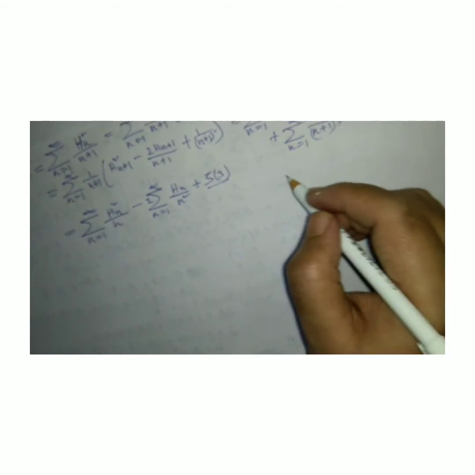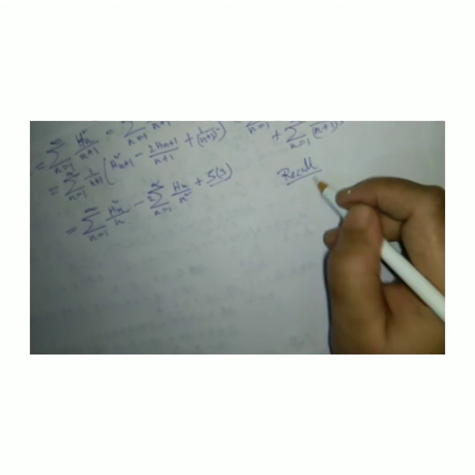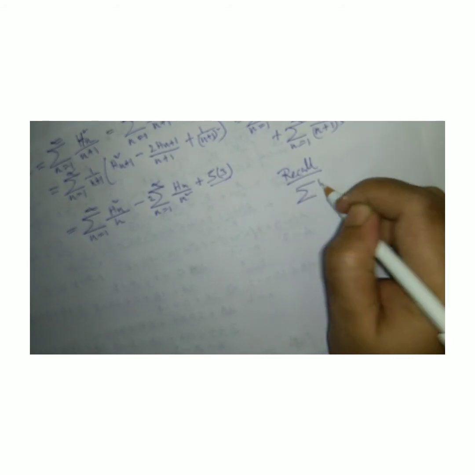Zeta 3 is apparently a constant. Now we know, recall this formula, that summation H n divided by n squared, n equals 1 to infinity, is 2 into zeta 3.